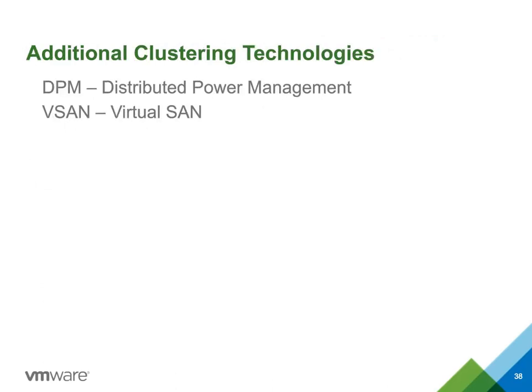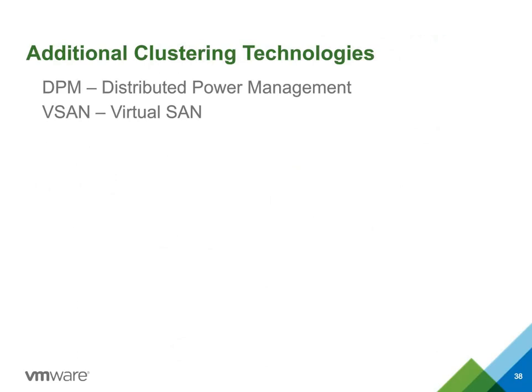On this slide, we have a few additional clustering technologies that an architect will want to consider when developing a virtual infrastructure architecture. The first one listed here is DPM, Distributed Power Management, which is a sub-feature of DRS. If you have a DRS cluster, you can turn on DPM. DPM optimizes the power consumption in your environment dynamically.